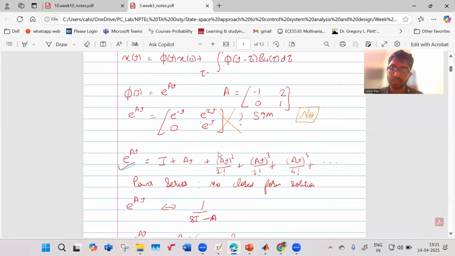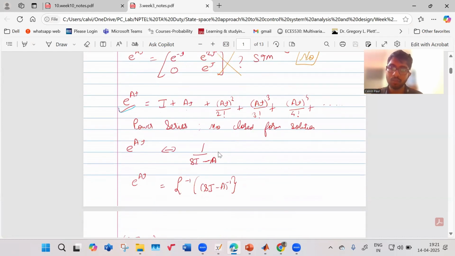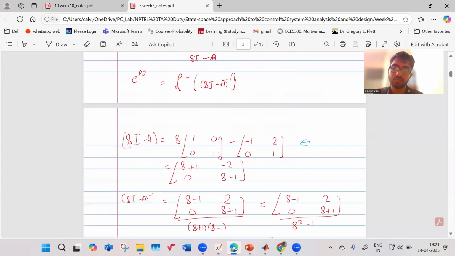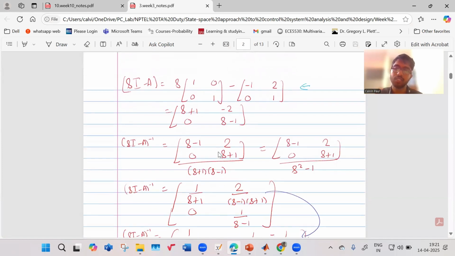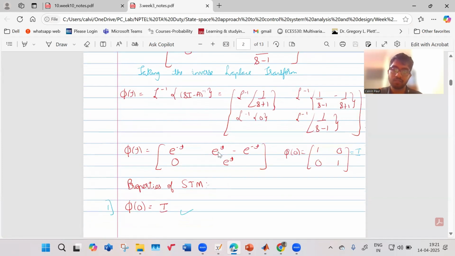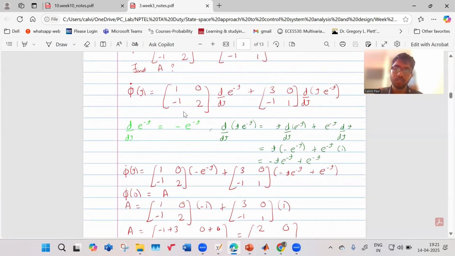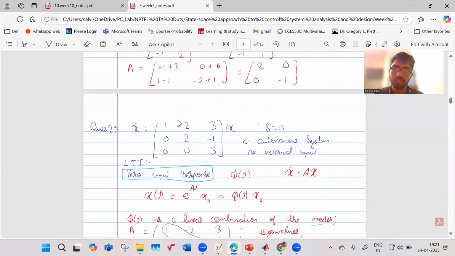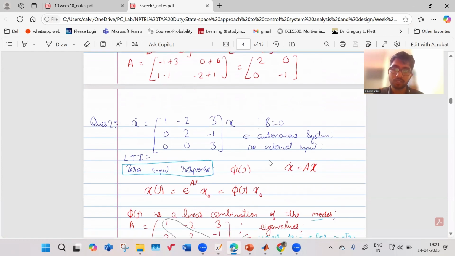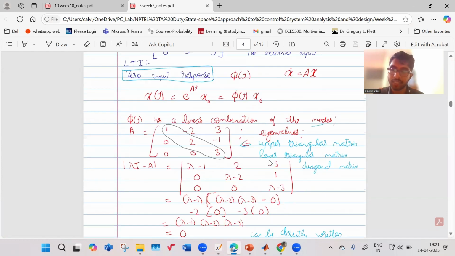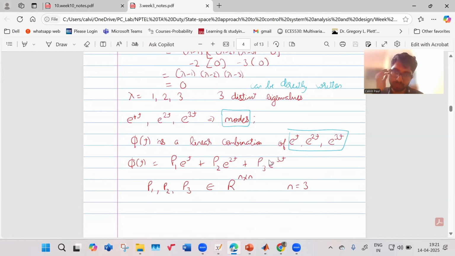The state transition matrix has been shown. How do we find the state transition matrix? The best way, which I recommend, is using the Laplace transform, inverse Laplace transform. What are the properties of the state transition matrix? How do we use those properties to solve questions? What is an autonomous system? How do you find the eigenvalues, eigenvectors?